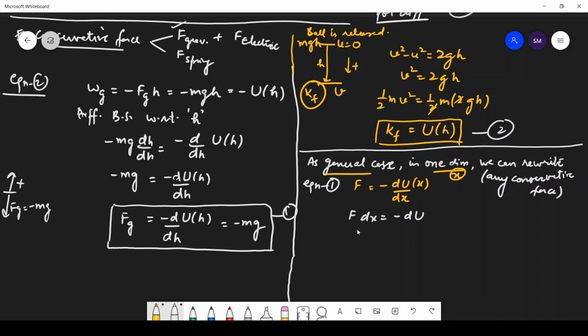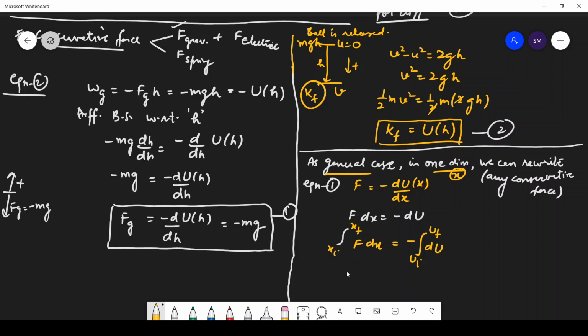Now I want to integrate it. So integrating both sides, what do I get? The integral from xi to xf of F dx is equal to minus the integral from Ui to Uf of dU.